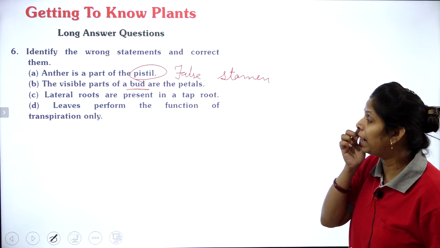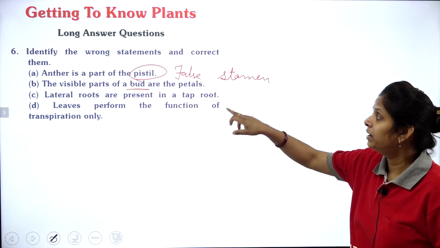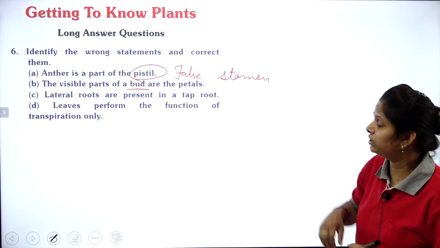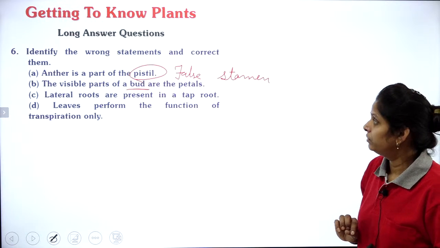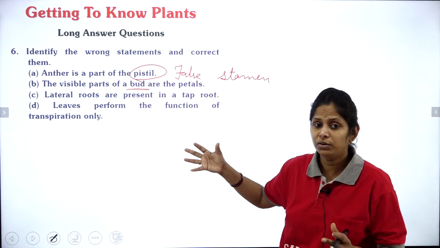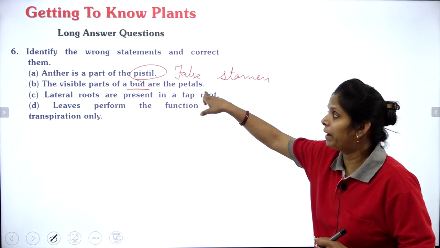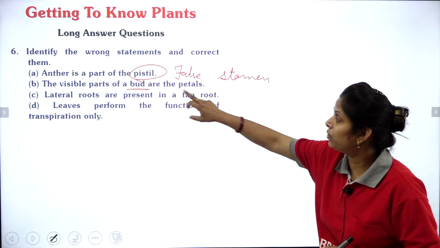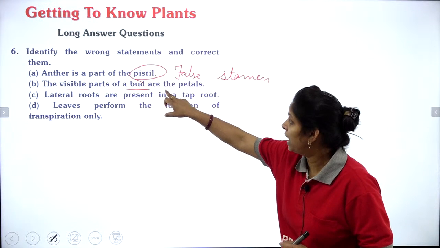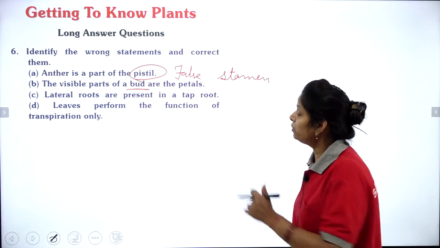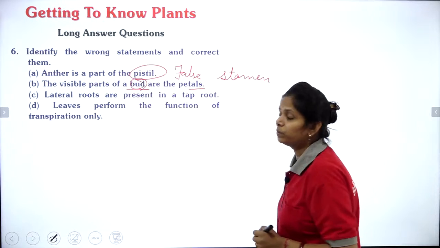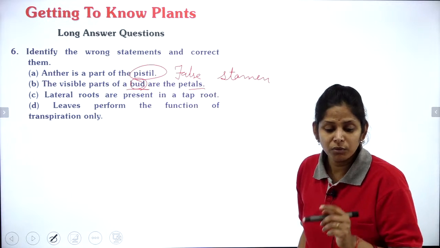When they bloom they convert into a flower, but it is asking about the visible part of a bud. So the petal is not actually the bud.